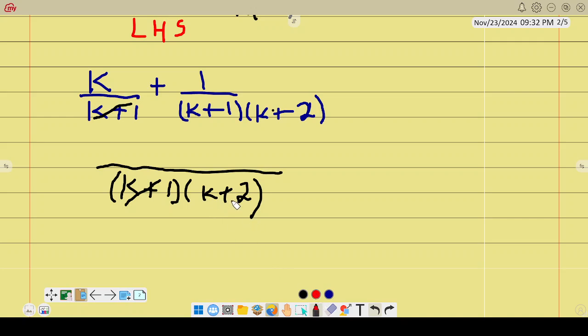And then according to the rules, this k plus 2, we multiply it on top there. So k plus 2 times k, we're going to get k squared plus 2k, 2 times k.